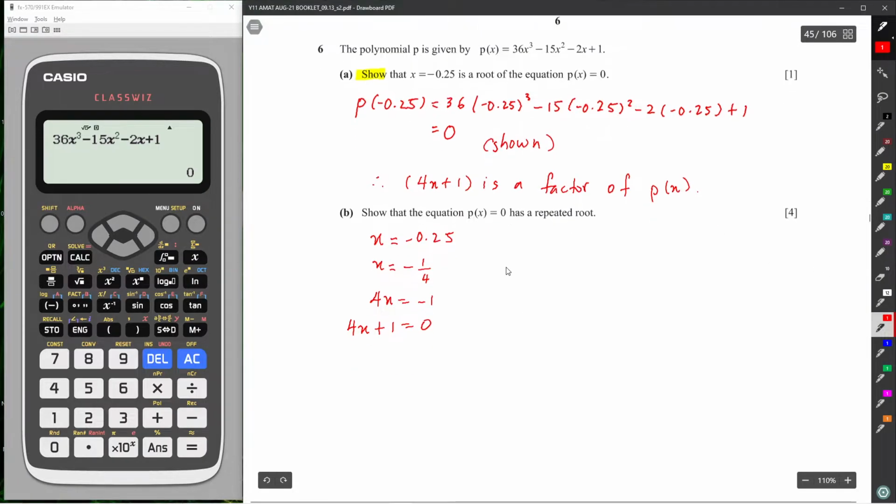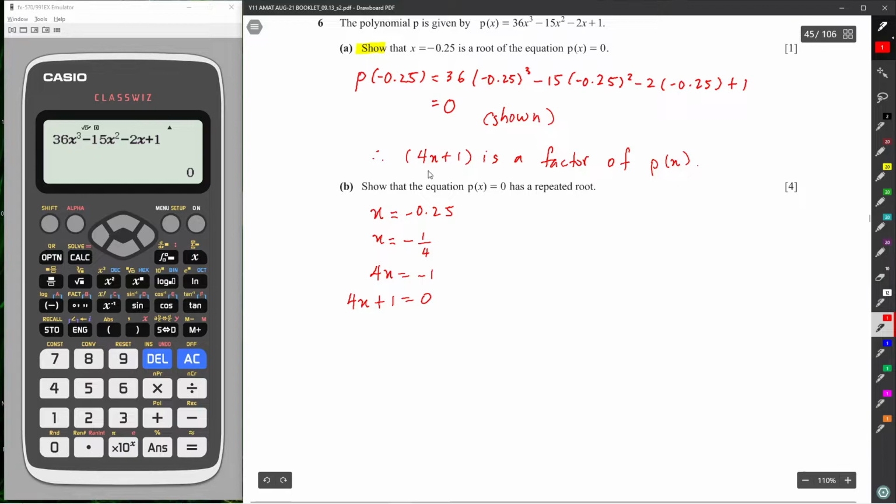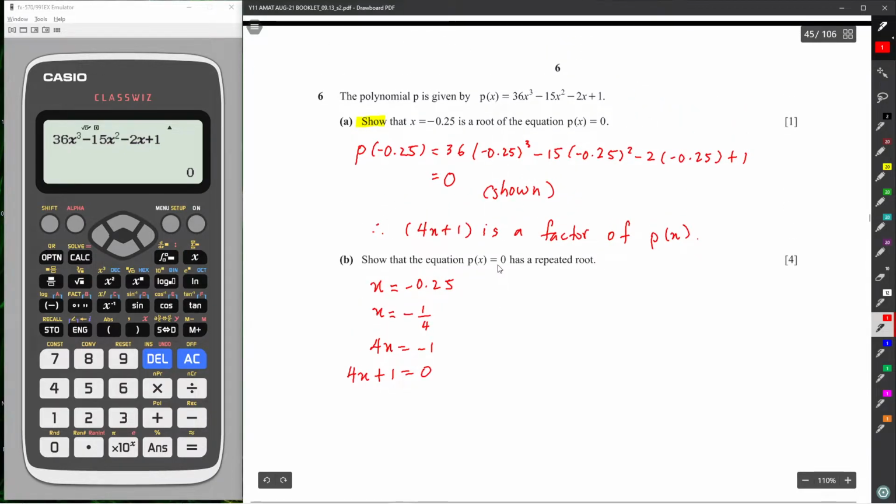So here, let's write this down. What is our p(x)? It would be 36x cubed minus 15x squared minus 2x plus 1.